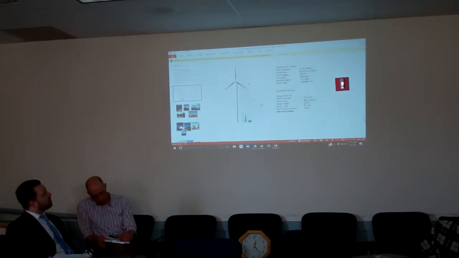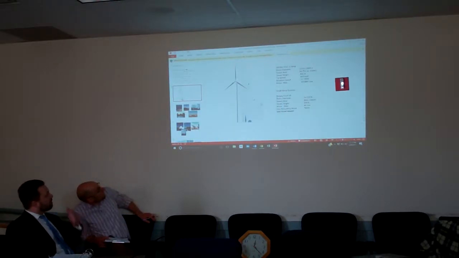Okay, so here's a typical difference. That's a Vestas V117, I think it's on top of some of these Vermont wind farms, and that's the Bergey down there at the bottom on a 100-foot tower. You can see the visual difference. If you get the data sheets, you're going to find that the tower heights are much higher, 450.